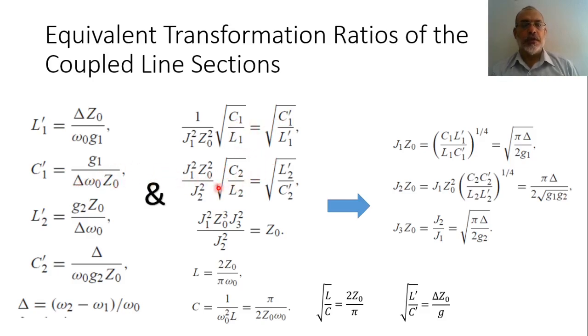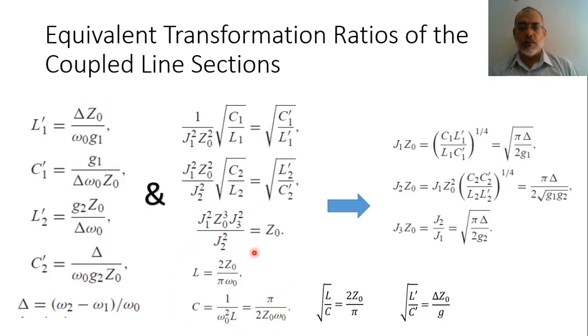By combining these two relations, we can obtain that the admittance ratio J1 Z0 would be given by C1 L1 dash over L1 C1 dash to the power 1 over 4, and by applying the values of L1 dash and C1 dash, and keeping in mind that 1 over square root LC is omega naught, and the value of L equals 2Z naught over omega pi and the value of C equals pi over 2Z naught omega naught.